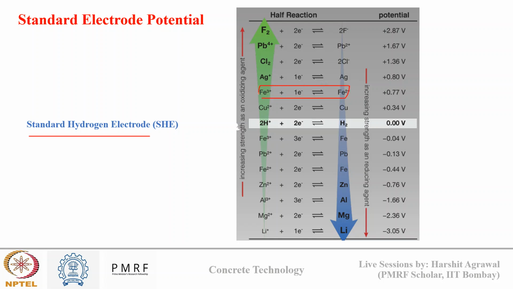This half cell reaction has a potential of plus 0.77 volt with respect to the standard hydrogen electrode. Or if you see this reaction, Fe2 plus taking two electrons and converting into Fe, it has a negative potential with respect to the standard hydrogen electrode. In this way we can compute the potential of each half cell if we know a standard potential value.